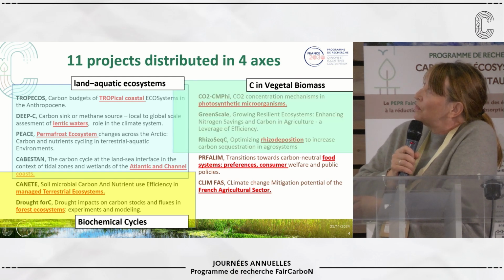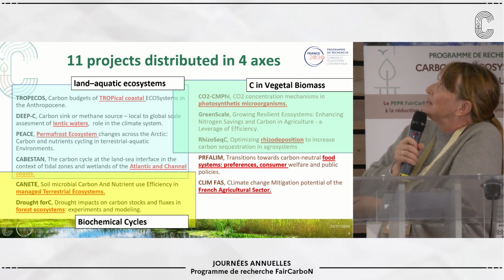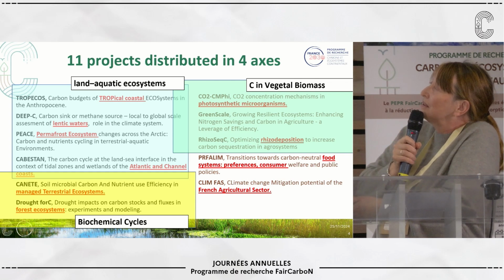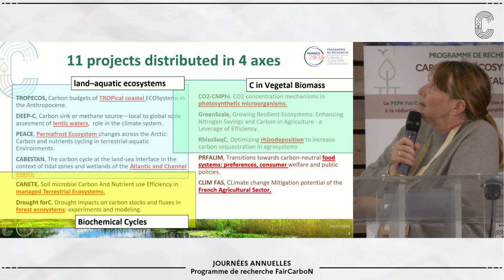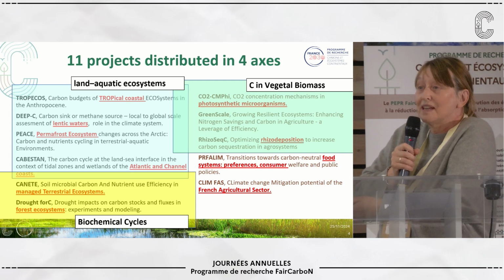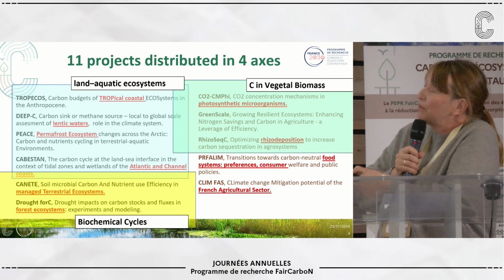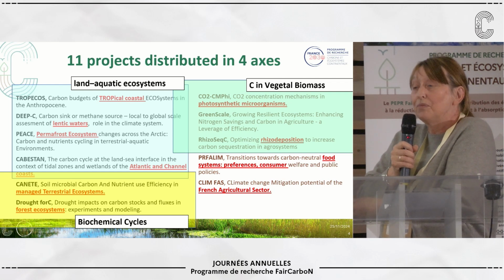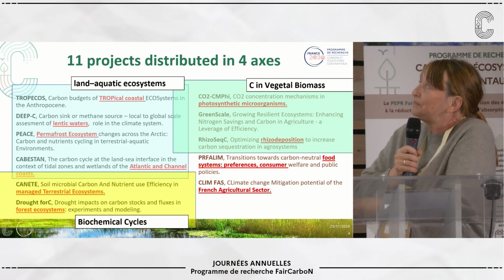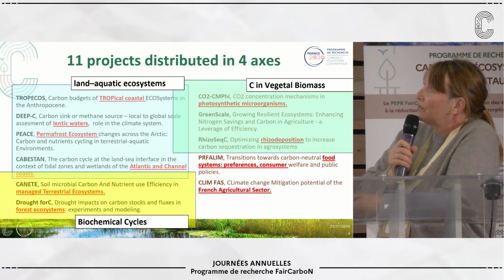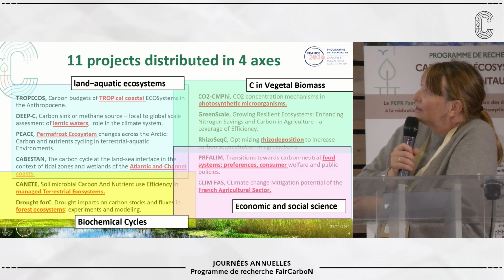We have 3 new projects that deal with carbon in vegetal biomass. They deal with algae, the molecular process of photosynthesis for the second one, and also the residue deposition, the production of carbon from roots to the soil. And finally, we have 2 projects about economic science.